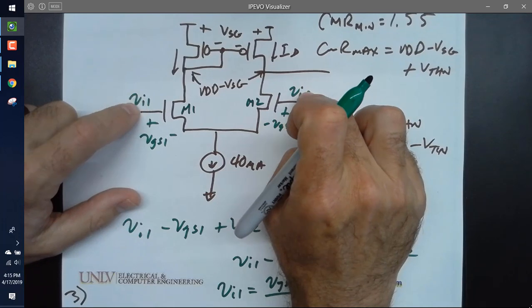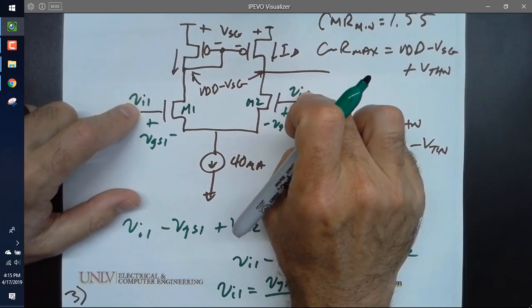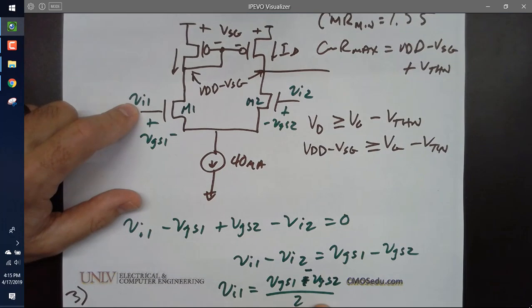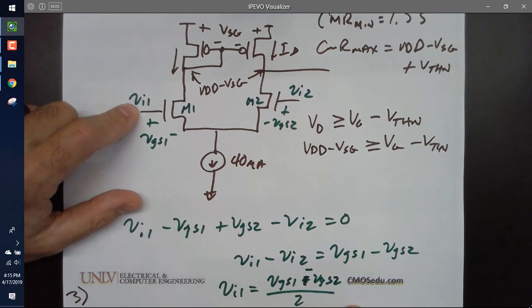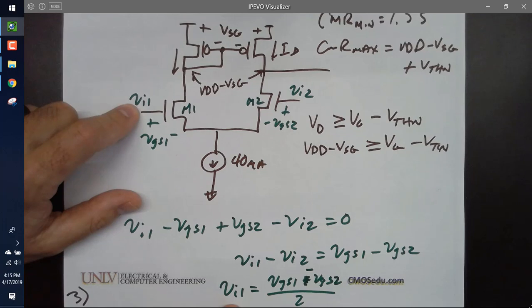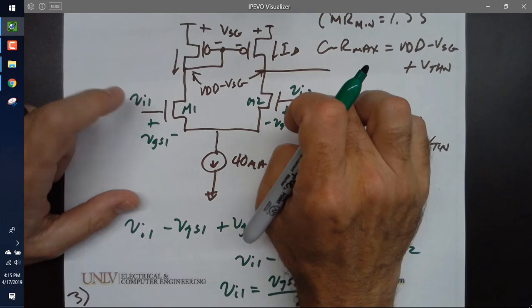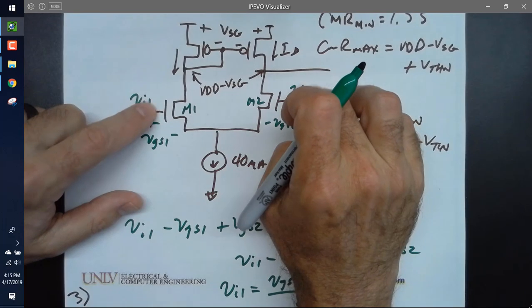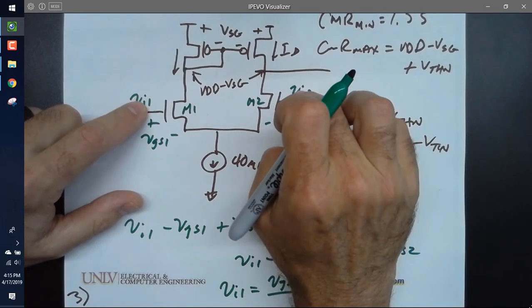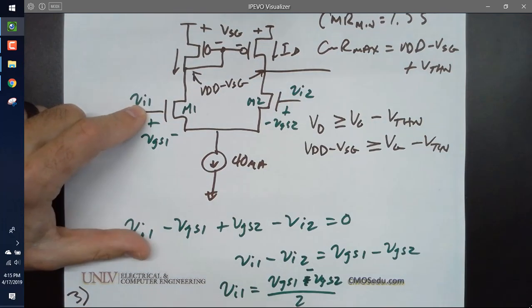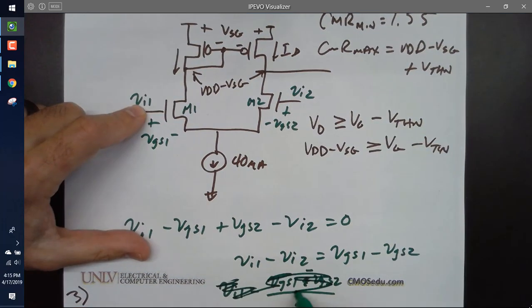If they're equal, what? And this V1 is 0, effectively, right? Well, wait a sec, let's back up. If I put the same voltage here, no, it's 2 times. Yeah, I need to write this a little different. I don't like this equation.